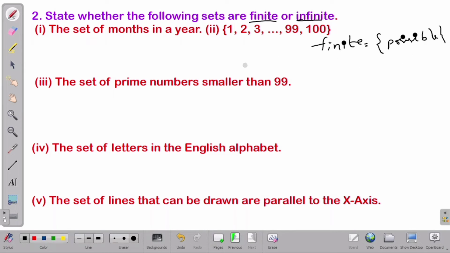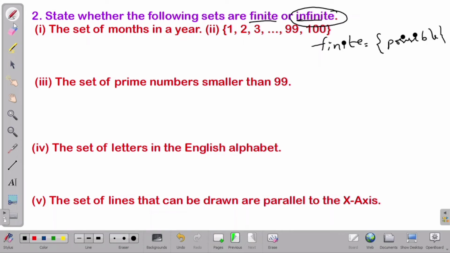In an infinite set we can't say, there is no limit. The definition is: a set whose elements cannot be listed is called an infinite set.